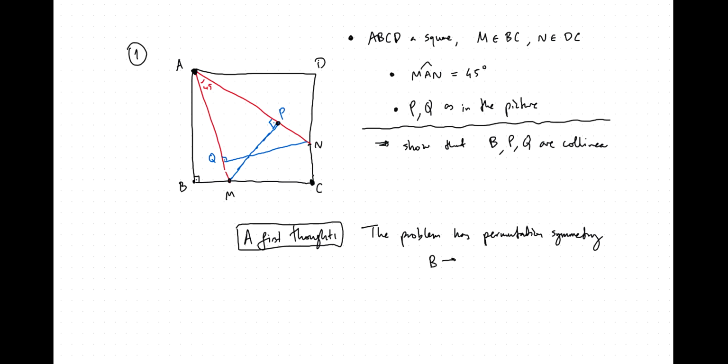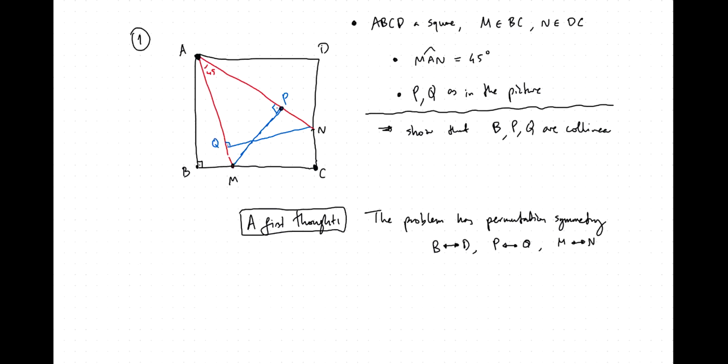B and D, P and Q, M and N are to be flipped. And when you do them simultaneously, this is just a single permutation, a single involution. When you do the same permutation again, it just brings you to the identity. So this is what is called order 2 symmetry, which is typical. So the problem has this permutation symmetry.